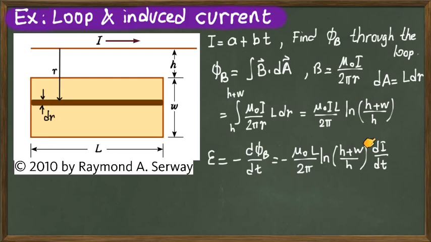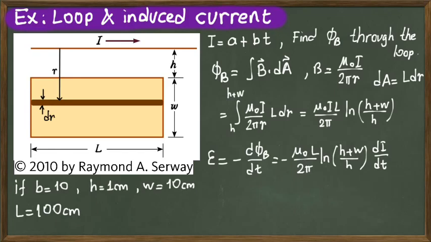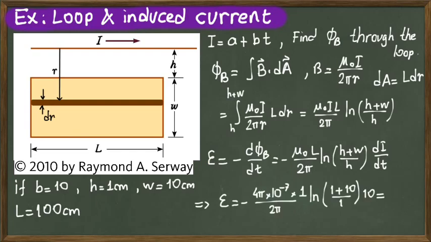So you replace dI over dt by the constant quantity b, and you get the electromotive force. With these given parameters, b as 10, h as 1 centimeter, w as 10 centimeters, and the length L as 1 meter, you can calculate the electromotive force. Just by plugging and chugging the numbers, you get the electromotive force as negative 4.8 microvolts.